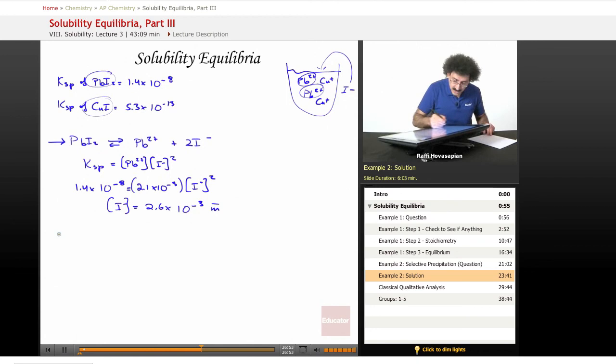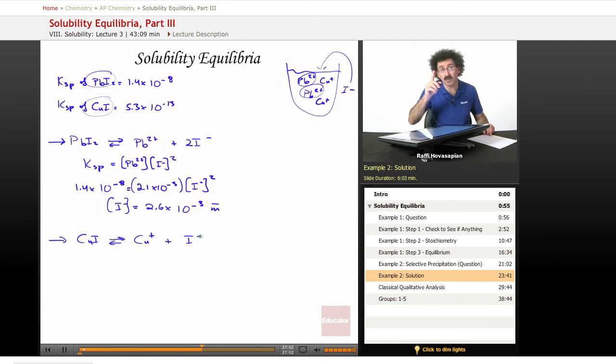Okay, now let's go ahead and do the copper iodide. Copper iodide is going to be in equilibrium with copper plus iodide. Be very, very careful. You have copper plus and copper 2 plus. Make sure you don't mix them up. They're actually different ions, different compounds, different solubilities. Okay, so the KSP for this is equal to 5.3 times 10 to the negative 13. Let me just write out the expression: copper plus times I minus, each to the first power.